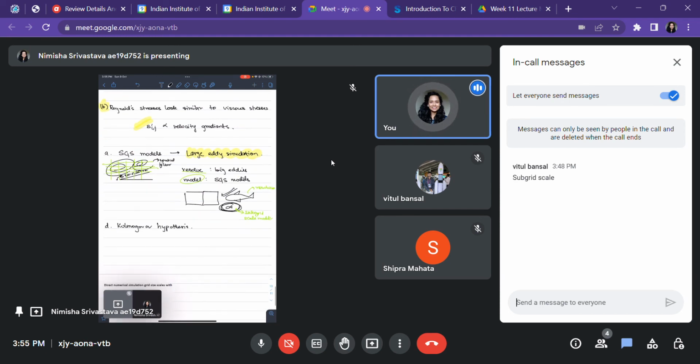Essentially, what they say is that it cascades: there are huge, large eddies, which are dissipated by smaller eddies, which are further dissipated by smaller eddies, and the number of eddies keeps increasing, until it just gets dissipated by the viscosity effect. So this is basically the Kolmogorov hypothesis. You'll hear this called energy cascading.